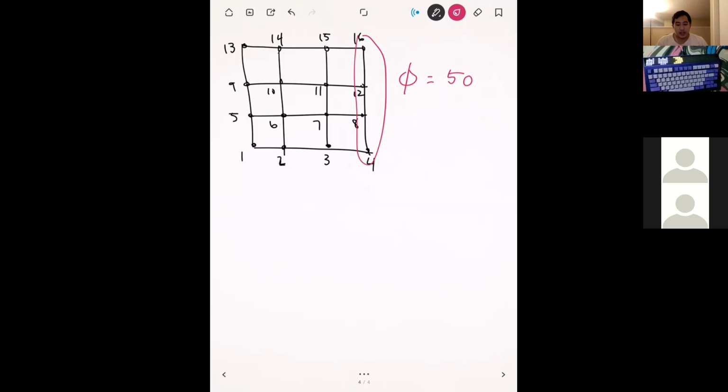And so for all the nodes right there, we need to write an equation that says that their phi value, or their solution, has to be equal to 50. What we're going to do is write out all the ID numbers for that face. Here you can see we have ID numbers 4, 8, 12, and 16. Then let's write out the equation that makes their phi values equal to 50.